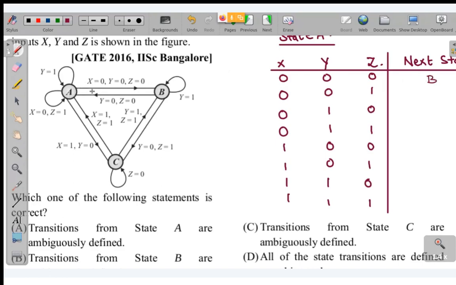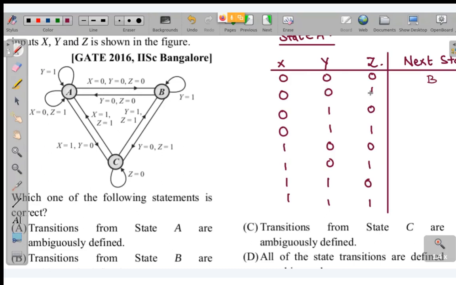Any other place that I am going over here, look. For X0, Y0, is any other option available? Here no. For Y equal to 1, we are staying at A. Or over here X0, Z1. And over here you can see from A to C we can go only when X equal to 1, Y equal to 0. Okay, fine. Now look, when X0, Y0 and Z1, where are we going to transition?